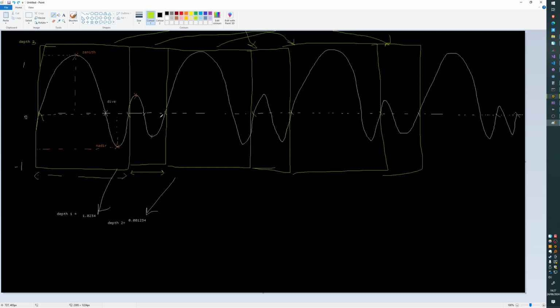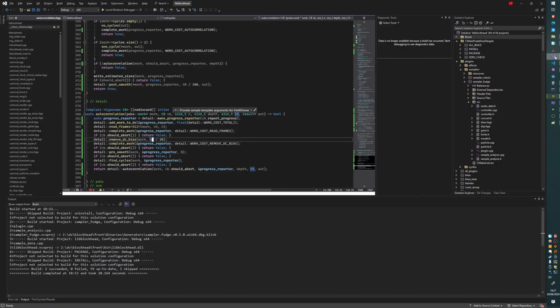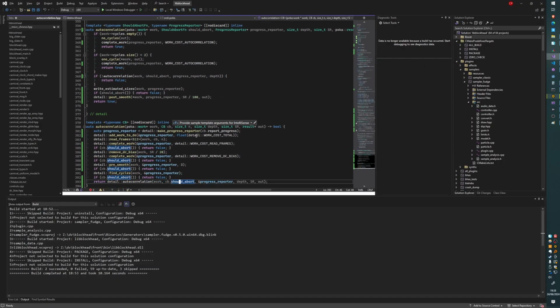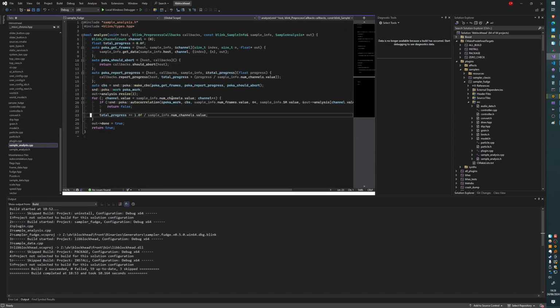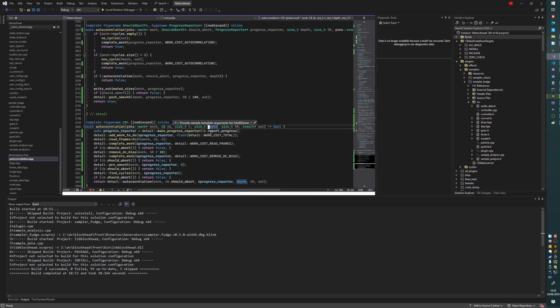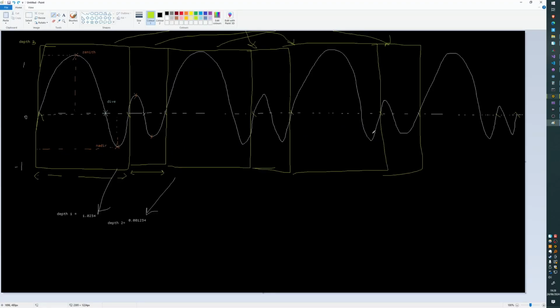So we keep doing that up to, I can't remember what my max depth is at the moment. Oh, well, this is parameterized. With the Fudge sampler plugin, the depth is 64. So I do that up to 64, which is quite high.